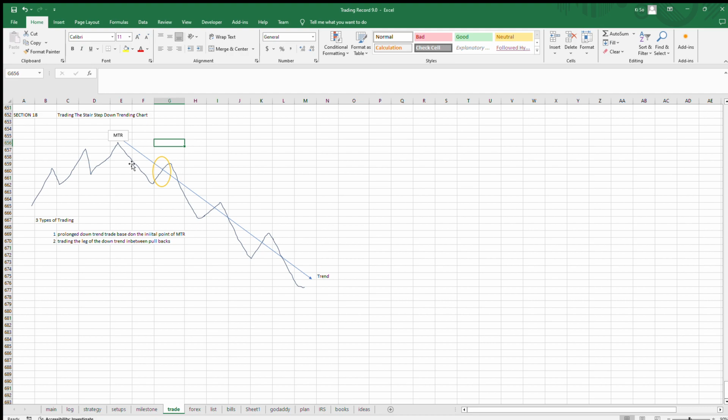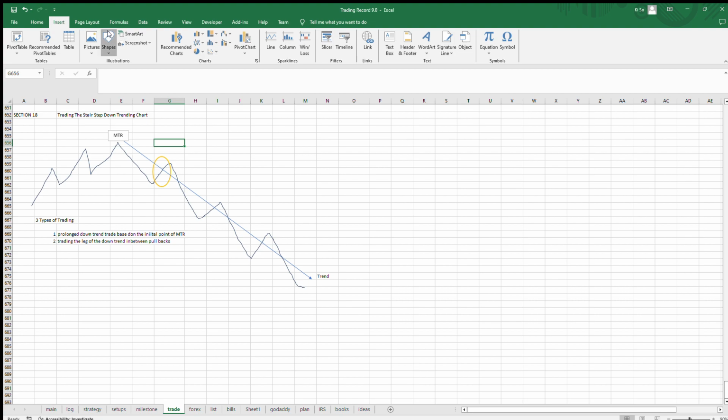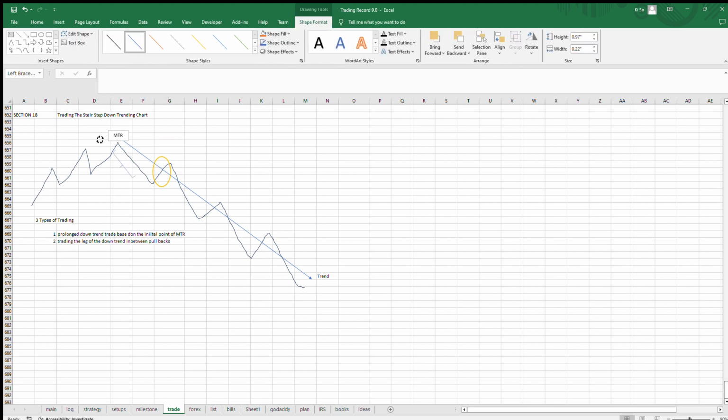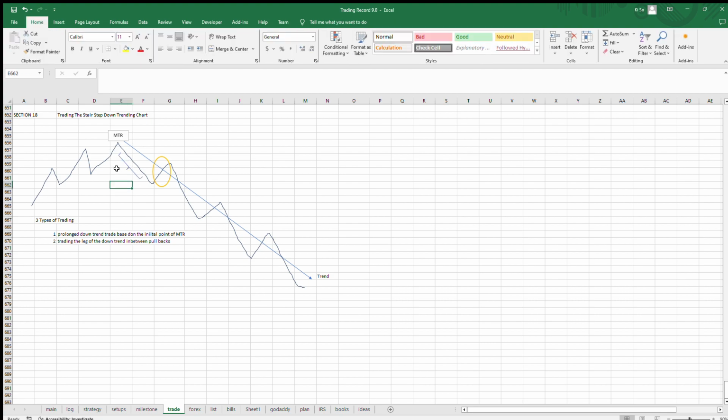Okay, so this would be region 2 right there, which is essentially, if I look at this, so that would be type 2. Okay, so that would be type 2 right there.